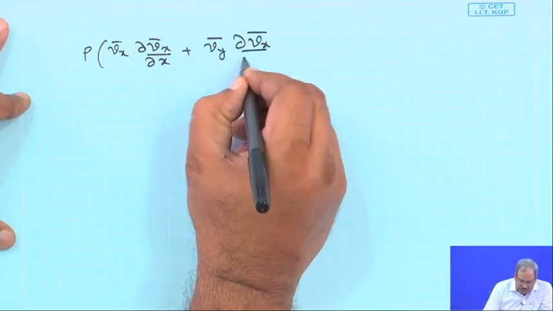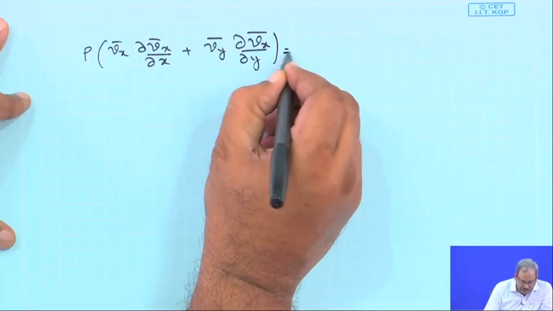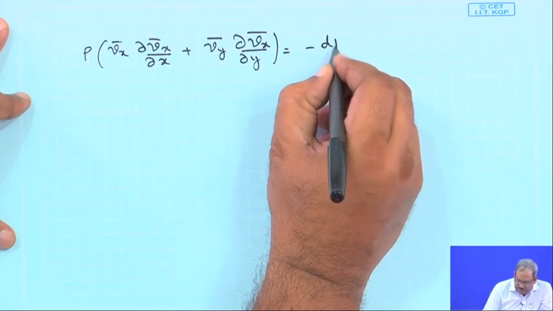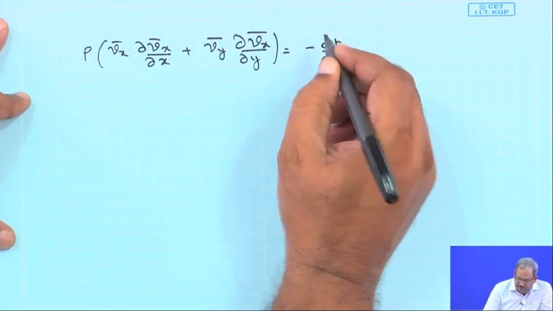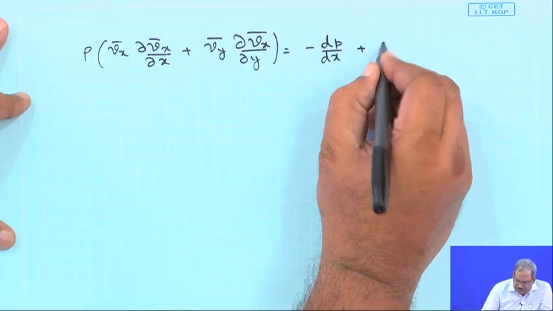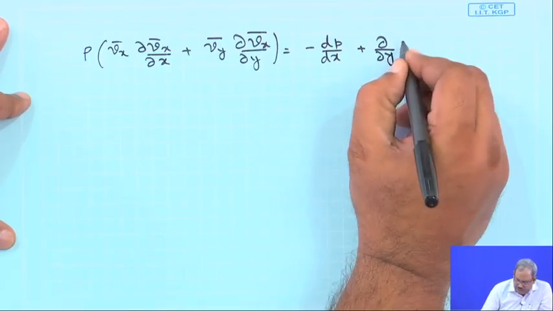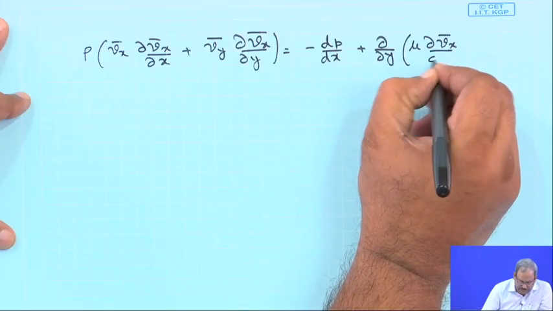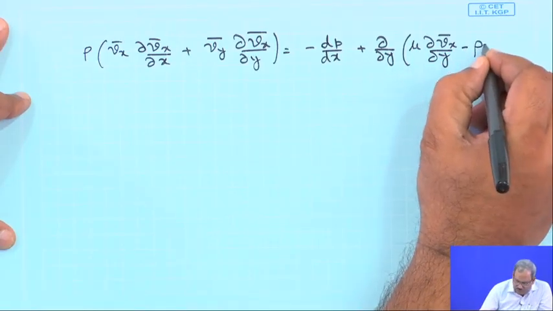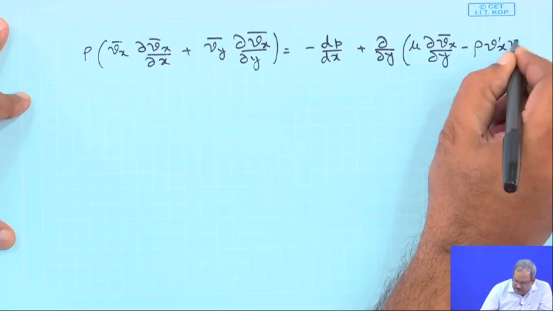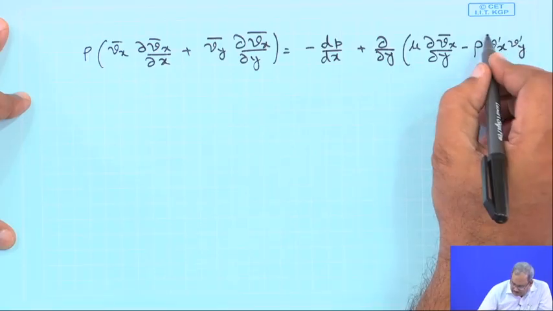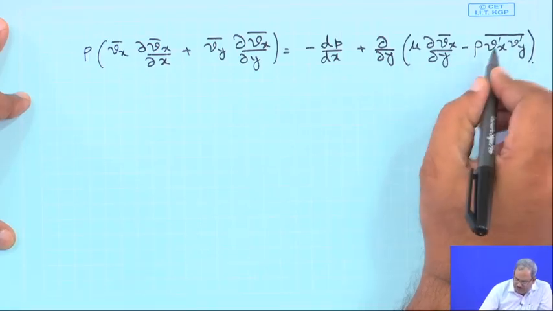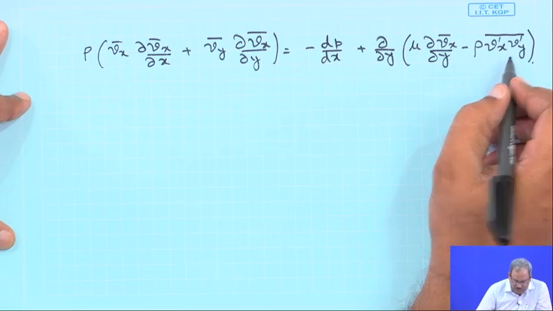So, this is the x component of the equation of motion: minus dp dx, which is the pressure gradient, plus del y of mu del v bar x by del y, minus rho v prime x v prime y, and time average of that, which may not be 0.